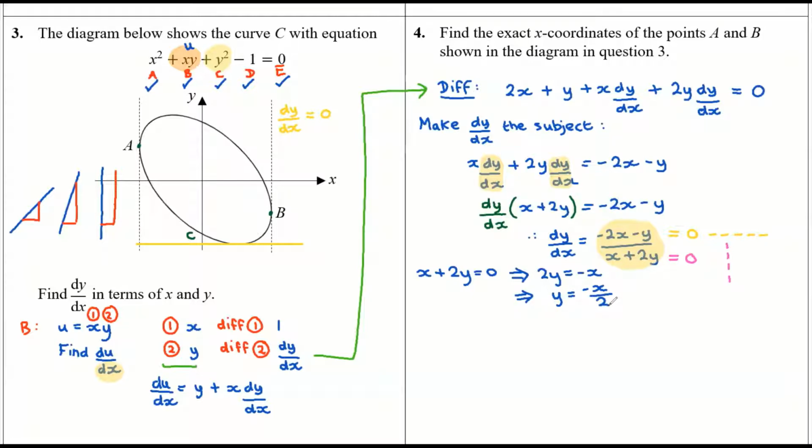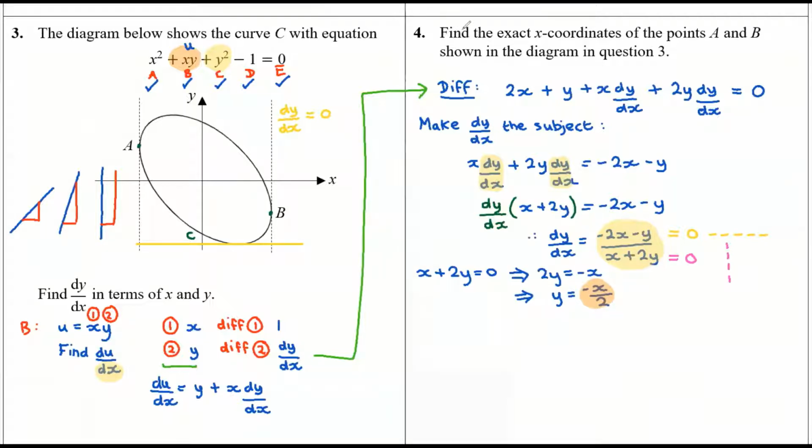So the situation where we would have an undefined gradient, a vertical straight line, basically, if you drew a tangent to it, would occur when the y values are equal to the negative of the x value divided by 2. So we have to sub this into our original equation.